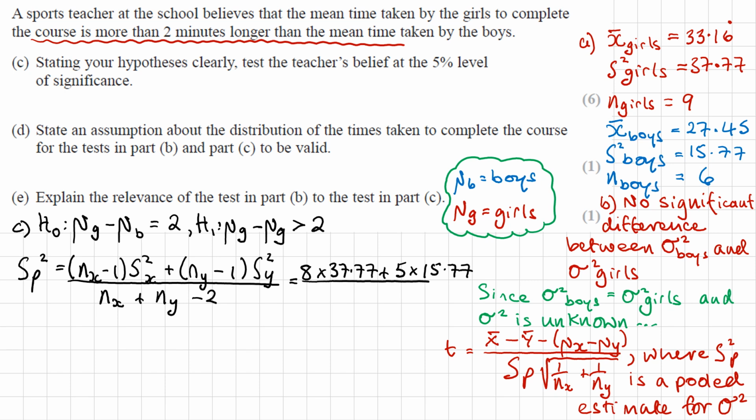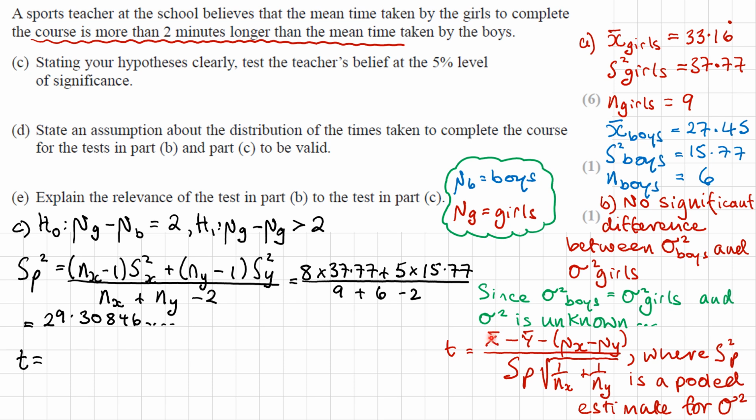Then we're going to divide that by the number of girls 9 plus the number of boys 6, minus 2, and that gives us 29.30846.